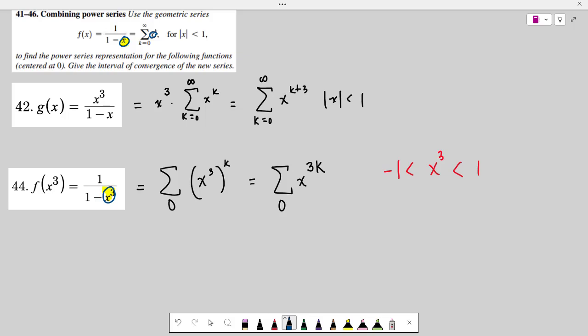So for this to match this, we also replace the x in there with x cubed. So we just do the same thing for every x. And in fact, we also do that over here with the interval of convergence. Then we just have to solve this inequality, so we take the cube root of everything. Oh, nothing changed, right? We still end up with the same interval of convergence.